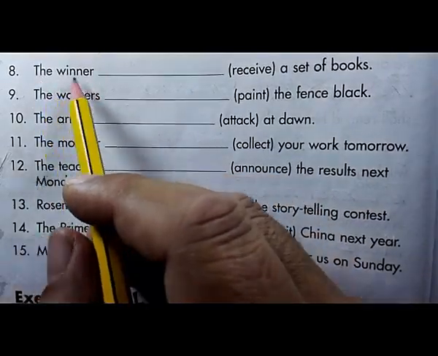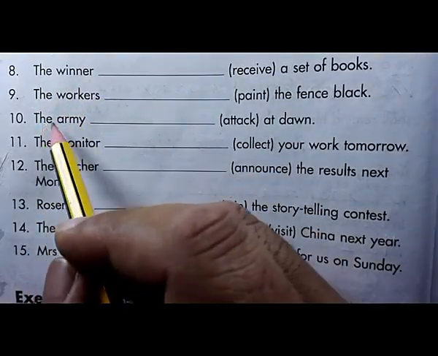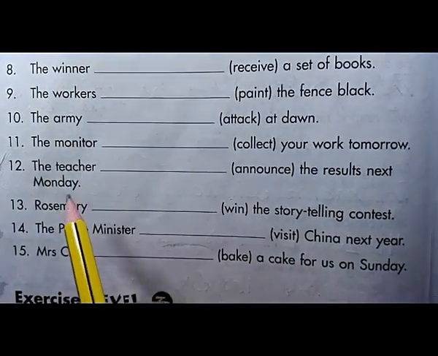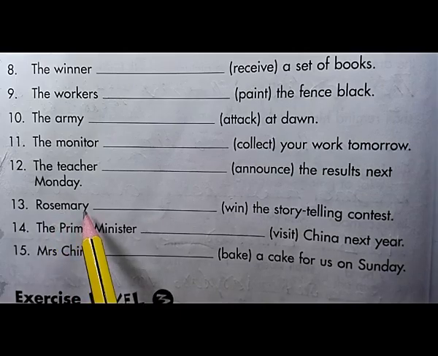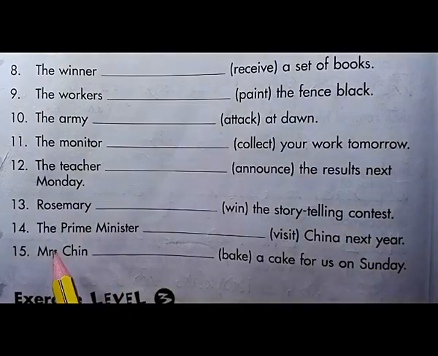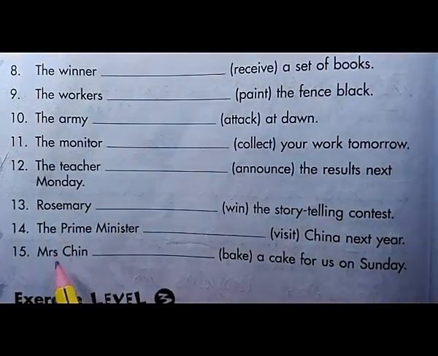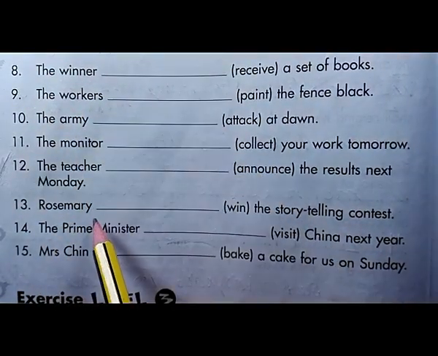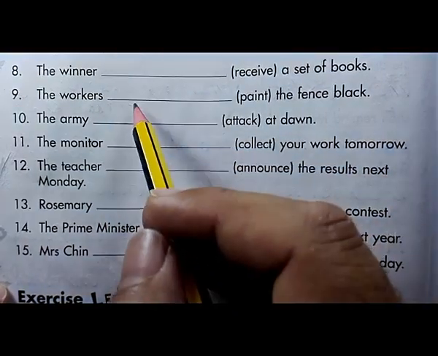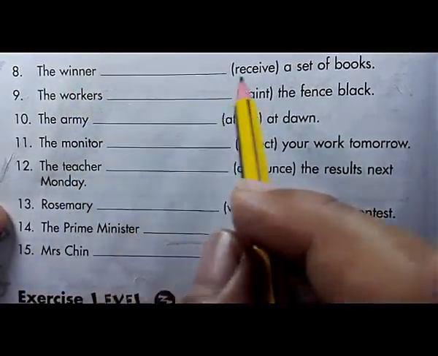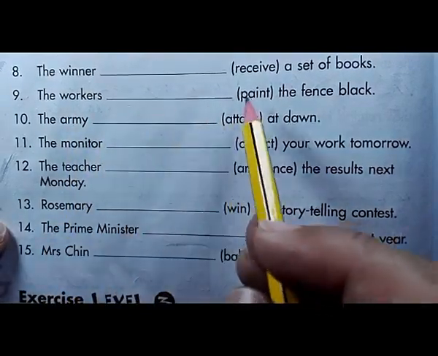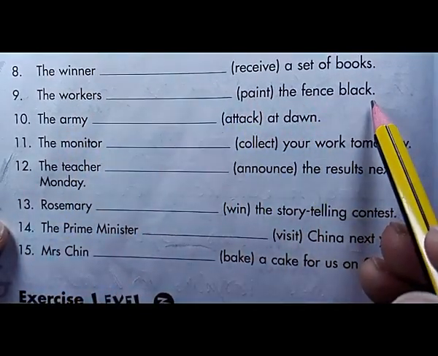And as you can see here, the winner, the workers, the army, the monitor, the teacher, Rosemary, it's the name of a girl, and the prime minister, Mrs. Chen. With all these we will use will, and we will write here: the winner will receive a set of books. The workers will paint the fence black.